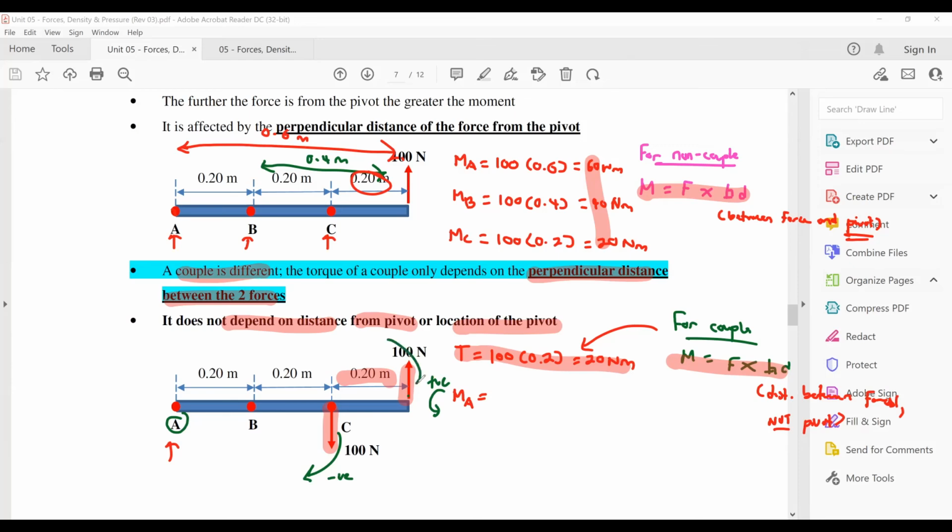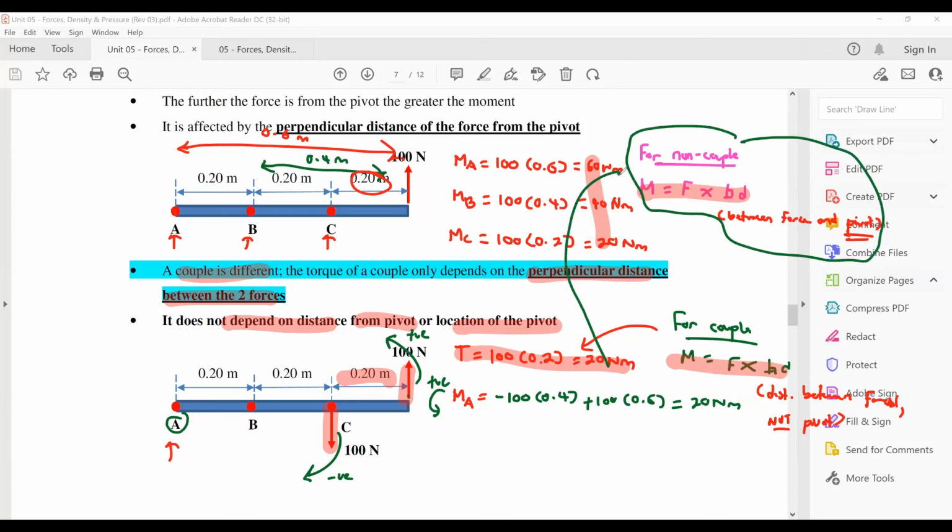This will go this way. This is positive. So this one will be negative 100 times 0.4 plus 100 times 0.6. So you're going to get 20 Newton meter.